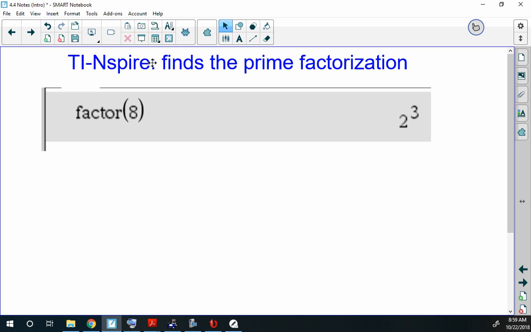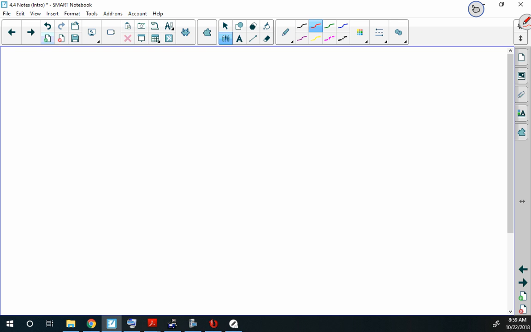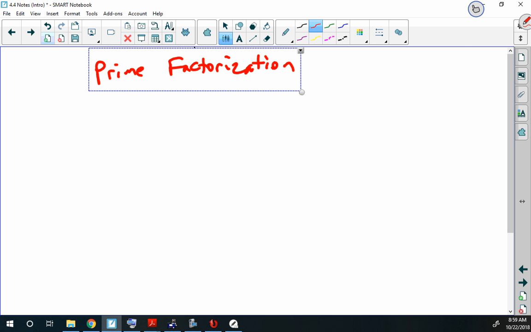So I guess while we're on this topic, we might as well look at prime factorization.